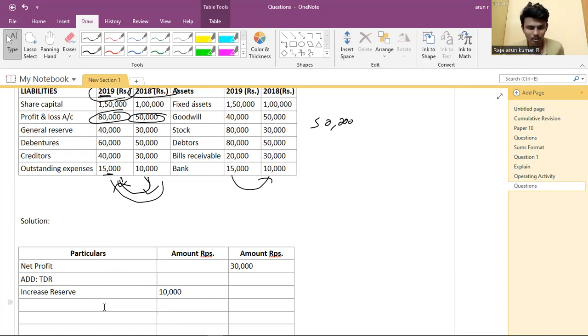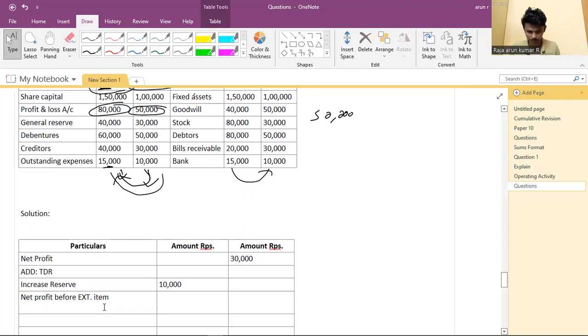There is no dividend and no taxation, so we close that first step. Net profit before extraordinary item: how much? Add 10,000 to 30,000, which is 40,000.